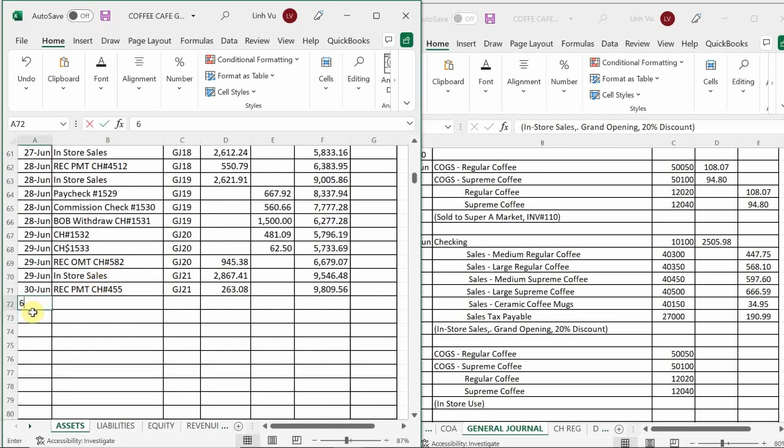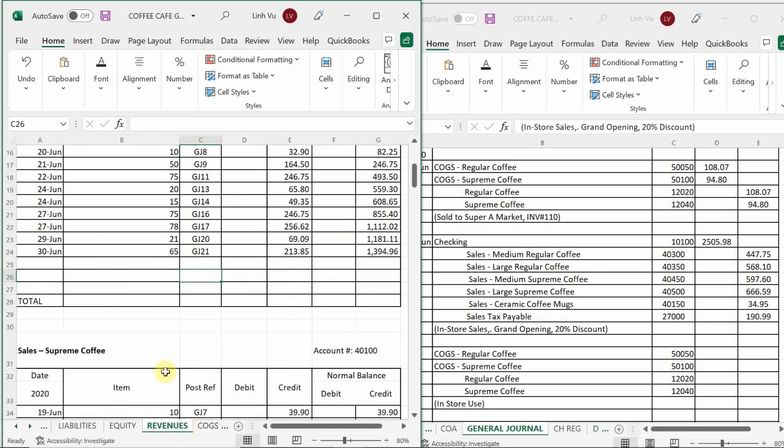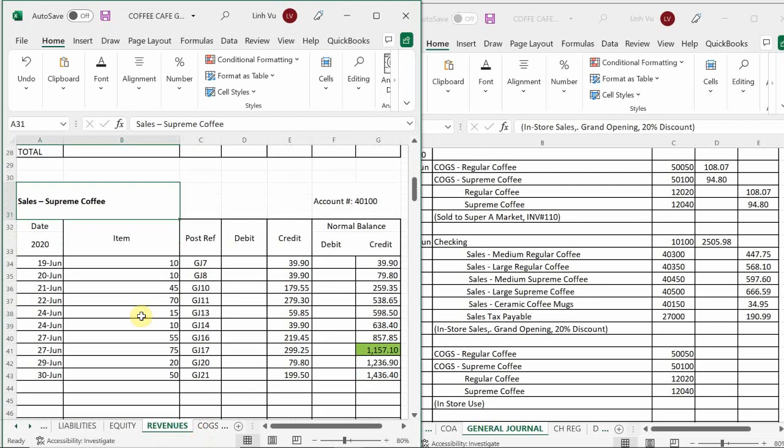We had some in-store sales, and we got $2,505.98. So that shall increase my checking account to $12,315.54.